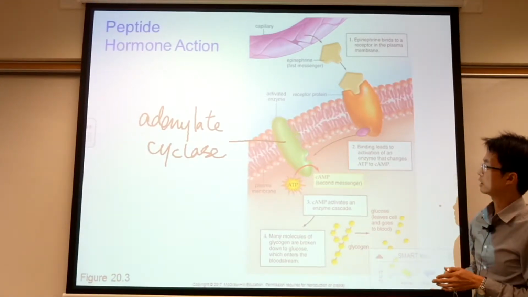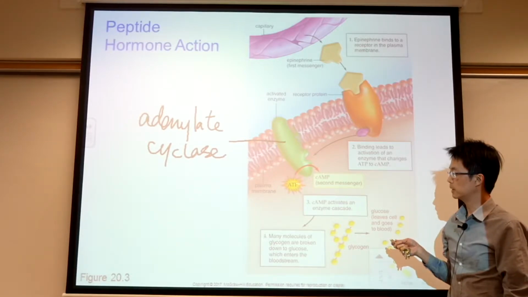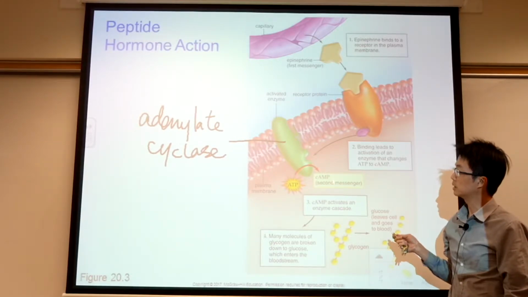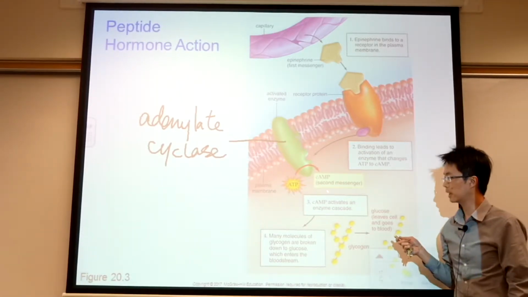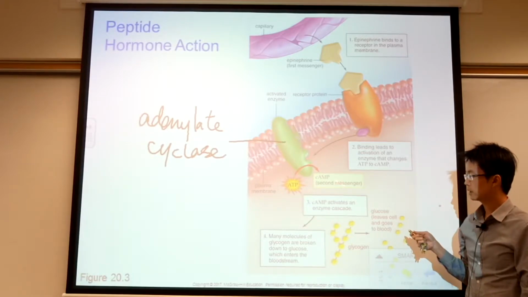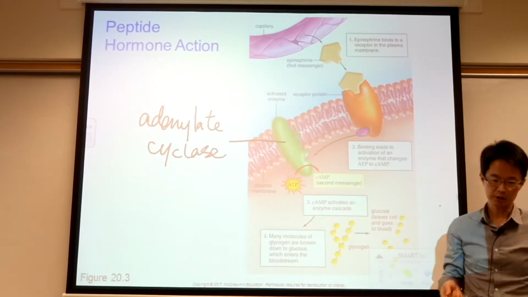What adenylate cyclase does is that it will convert ATP into cyclic AMP. And this cyclic AMP is what we call the second messenger. This cyclic AMP will have a lot of downstream reactions to amplify the response.